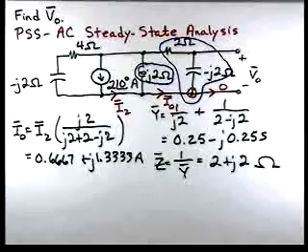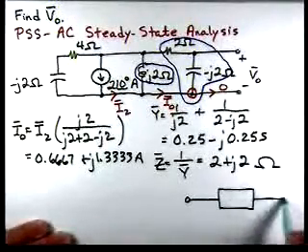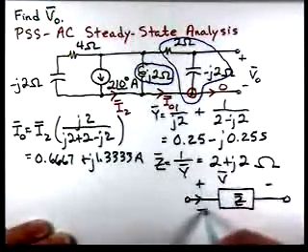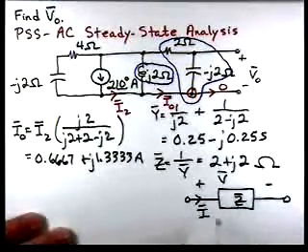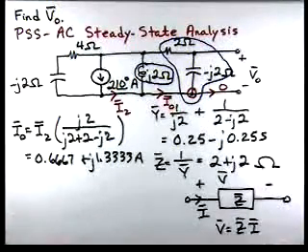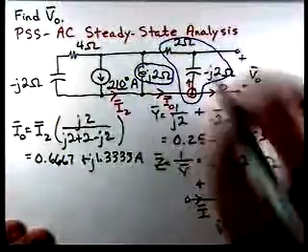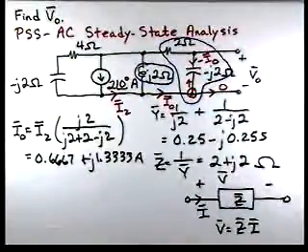Now if we look for a second, remember, bringing back Ohm's law, we have an element Z, and we have a voltage V and a current I. If the voltage polarity and the current direction are shown, we can write V equal to Z times I. Now, notice here in our circuit we have I0 flowing up this way. So if we want to satisfy this convention, we have minus I0 flowing in that direction.